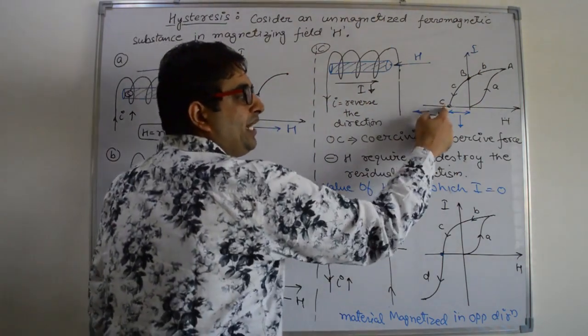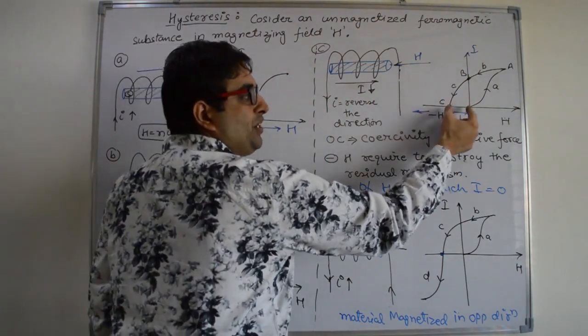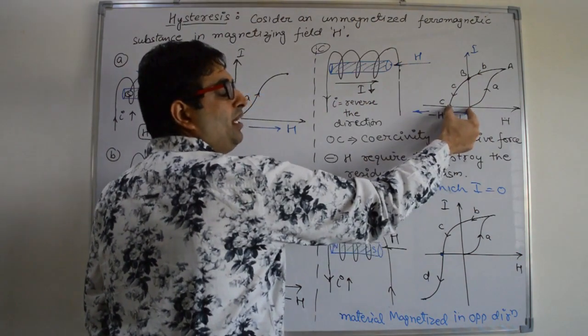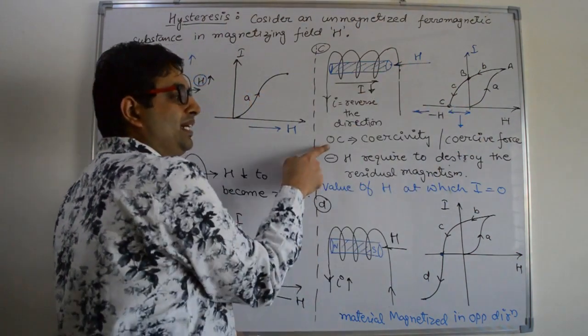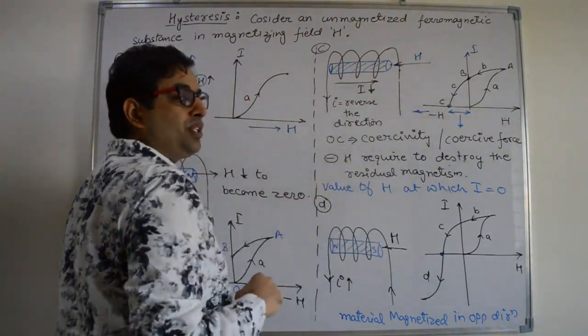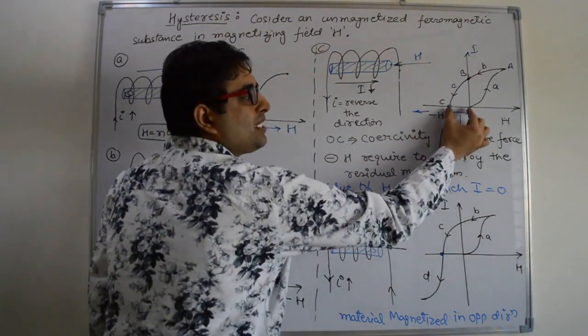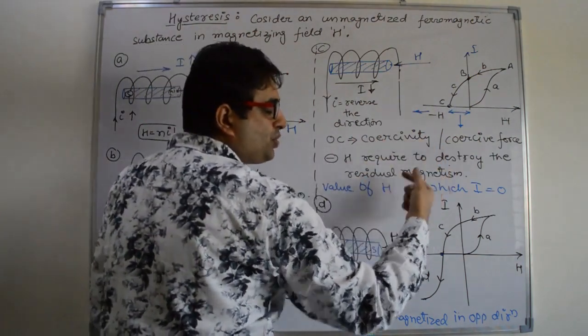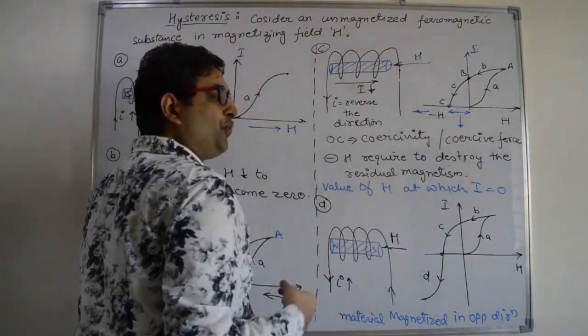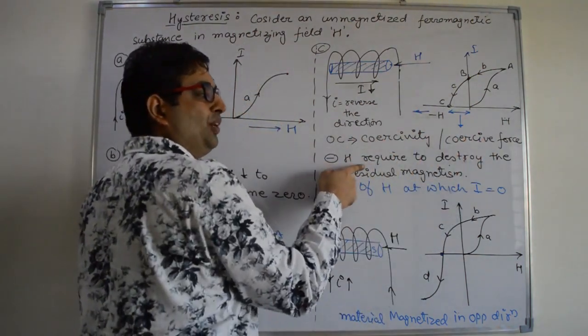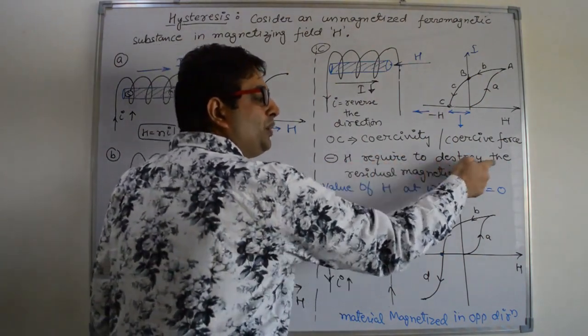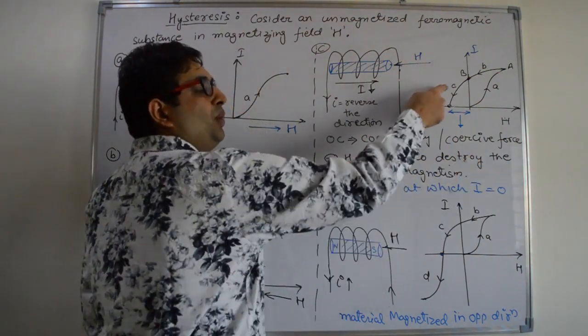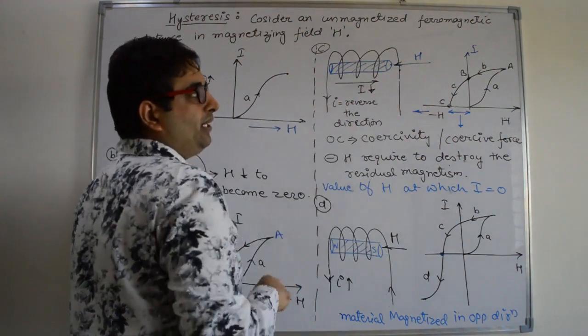Negative H, why? Because we are applying an opposite direction external magnetic field, and H represents that external magnetic field. So the negative value of H at which magnetism in the material becomes equal to zero is known as coercivity, or coercive force. It is the negative value of H required to destroy the residual magnetism present inside the material.